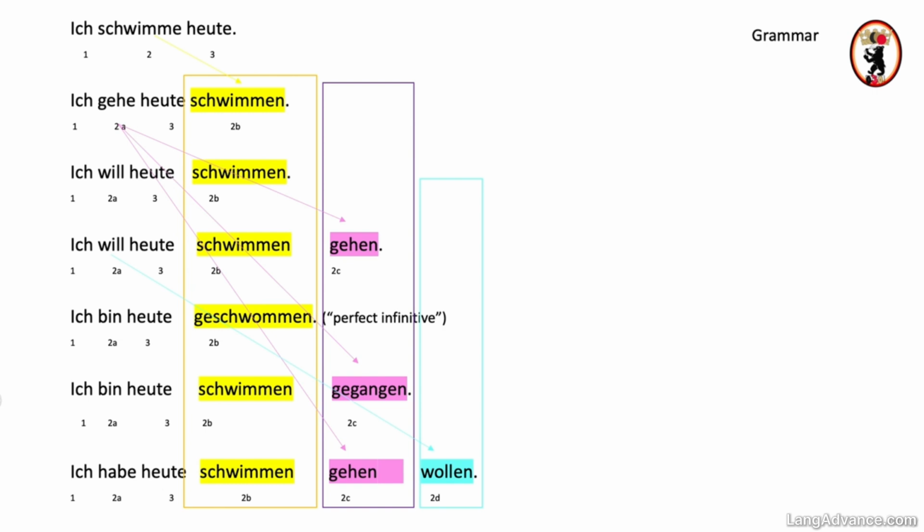Now you can see why it is so crucial to know your priorities. You need to know which of these auxiliary verbs is a priority 1, which is a priority 2, and which is a priority 3, because that will be the order in which you place them into the sentence. Priority 1 will take the second position and will be conjugated.